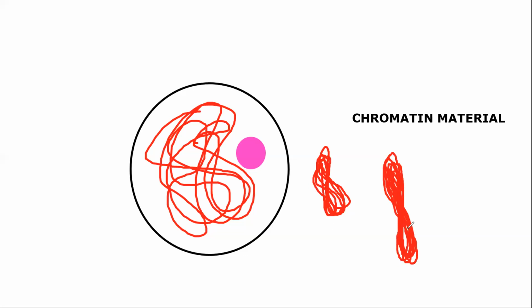A, B, or C? So let me first clear you which is A, which is B, and which is C. So if I'm talking about these threads, which are very loosely coiled, that will be A. Here it will be B, and here it will be C. Tell me which type of threads are very clearly visible.